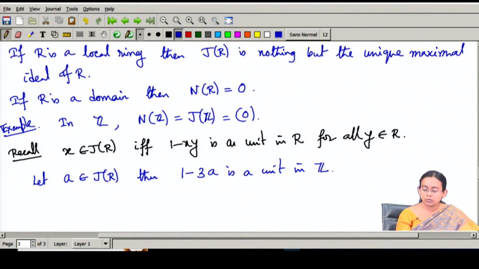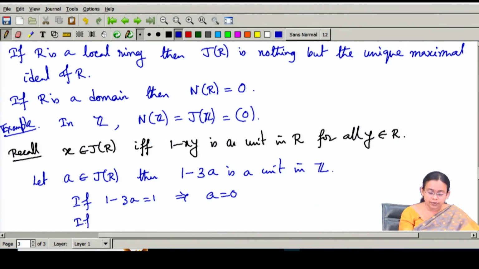I am particularly choosing the element 3, so 1 minus 3a should be a unit. What are the units in Z? They are 1 or minus 1. If 1 minus 3a is equal to 1, this implies that a has to be equal to 0. That means there is no non-zero element in that case.